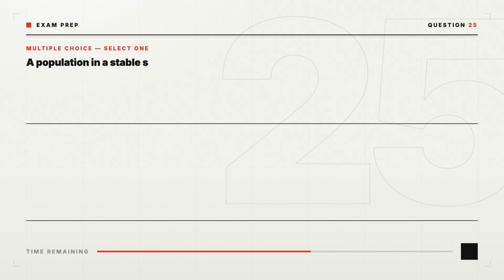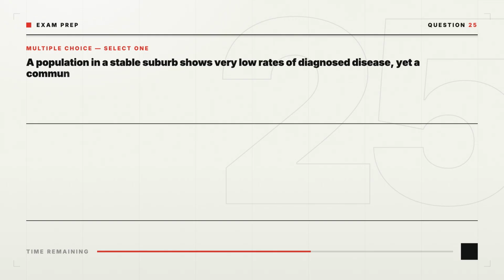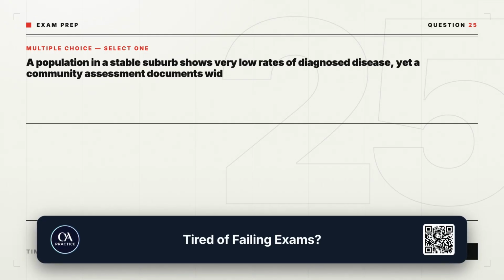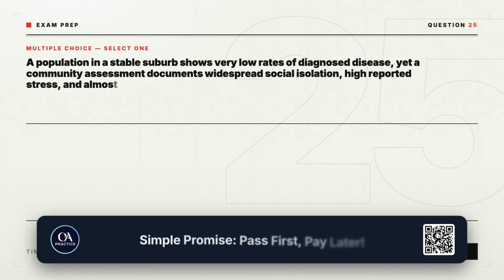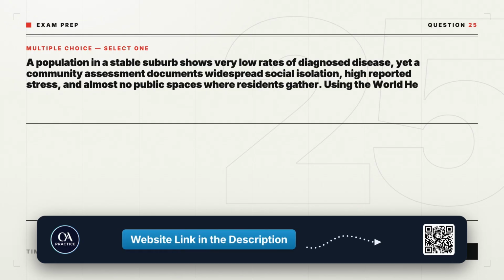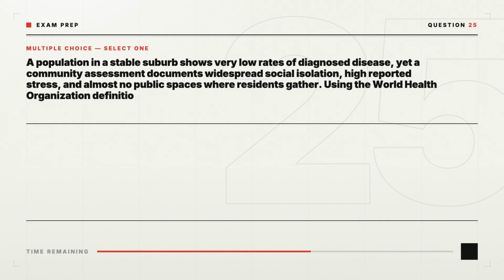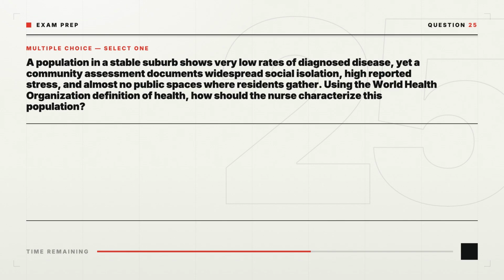Question 25. A population in a stable suburb shows very low rates of diagnosed disease, yet a community assessment documents widespread social isolation, high reported stress, and almost no public spaces where residents gather. Using the World Health Organization definition of health, how should the nurse characterize this population? Your options are A. Healthy, because health is defined as the absence of disease or infirmity.